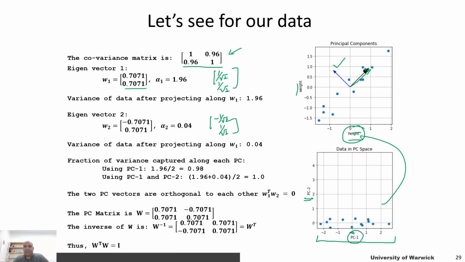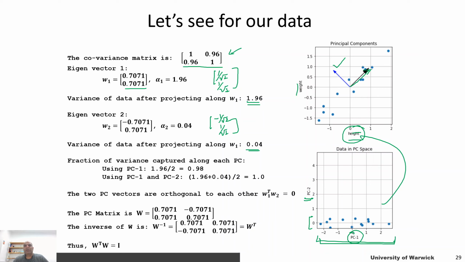And you can see that the variance along the first direction, or the spread along the first direction, is much larger in comparison to the second one. And we can calculate that. If I make the projection and calculate the variance, then the amount of variance along the first direction comes out to be 1.96, and the amount of variance along the second one is going to be 0.04.